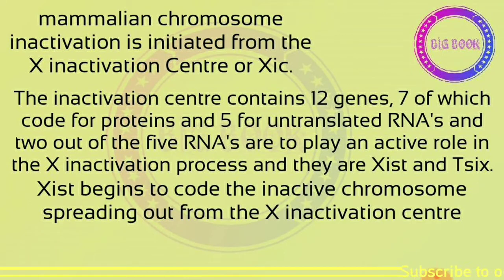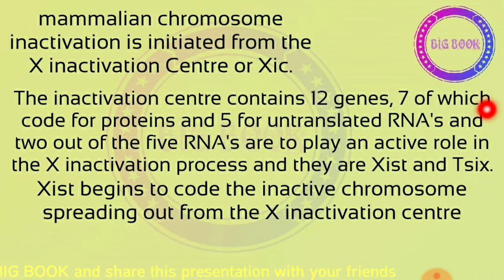Mammalian X chromosome inactivation is initiated from the X inactivation center, or XIC. So here in the X chromosome there is a locus called the X inactivation center, or XIC. The inactivation center contains around 12 genes. Out of these, 7 code for proteins and 5 code for untranslated RNAs.